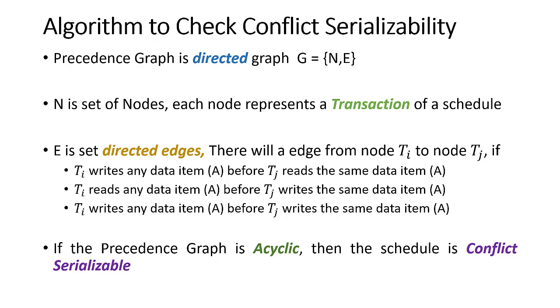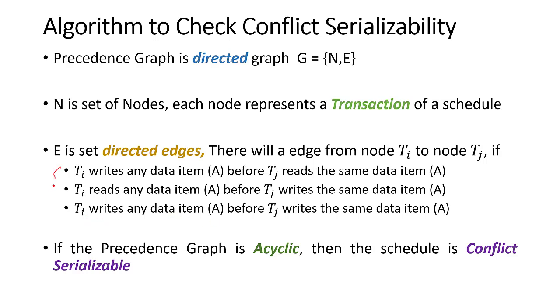So in other words, there will be an edge from transaction Ti to transaction Tj, that is node i to node j, if transaction Ti writes a data item before Tj reads that data item. Second, there will be an edge if transaction Ti reads a data item before Tj writes the same data item. Finally, if Ti writes a data item A before Tj writes the same data item.